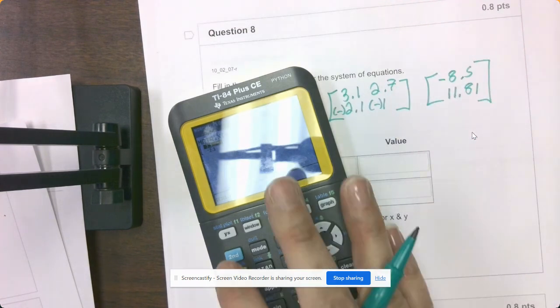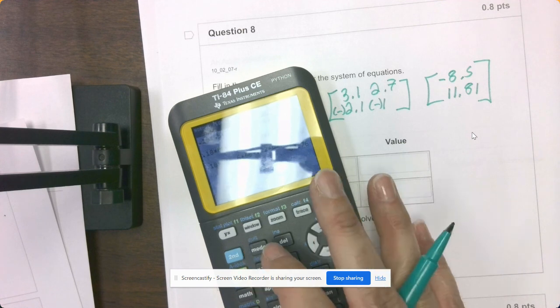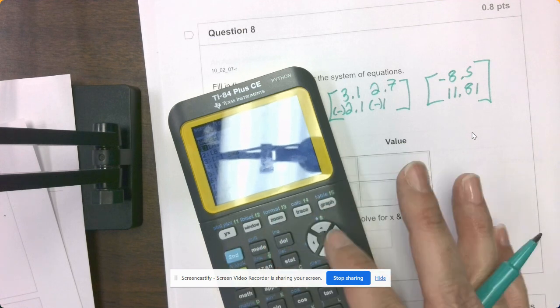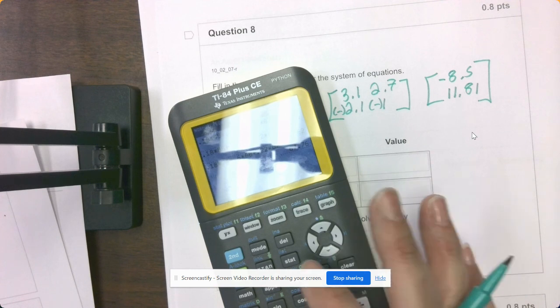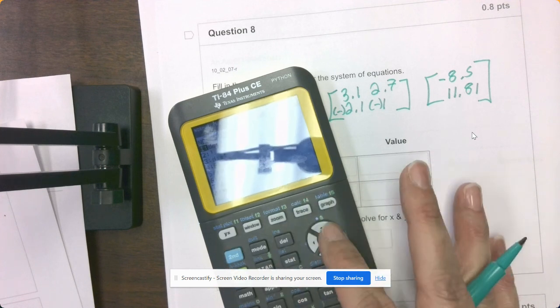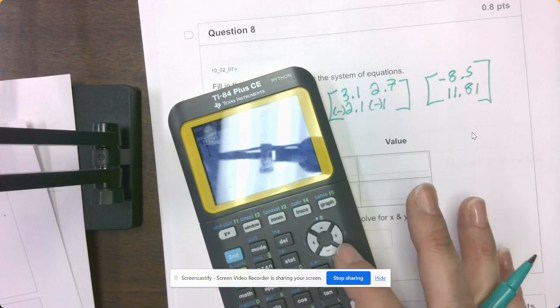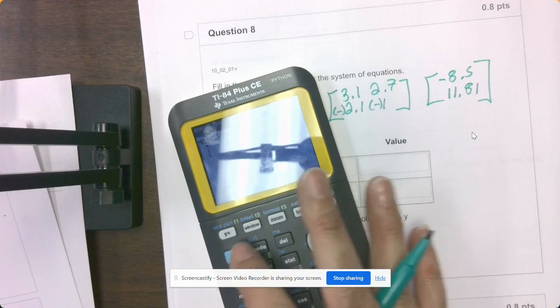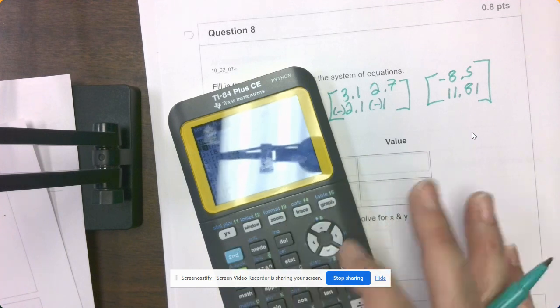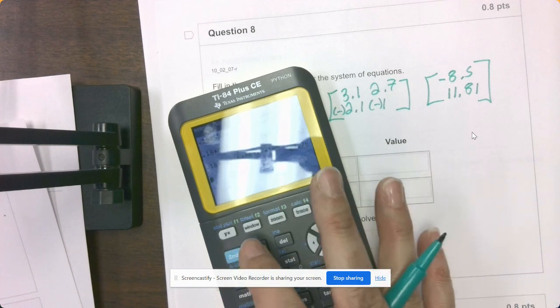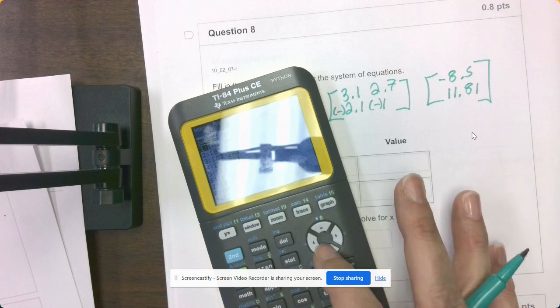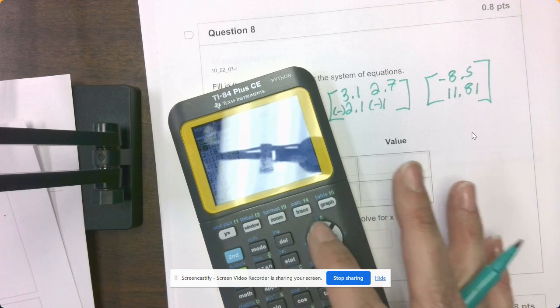I'm going to do second quit, and then second matrix. I entered that one. Scroll over to edit. I keep forgetting to scroll over to edit. I'll get it eventually.